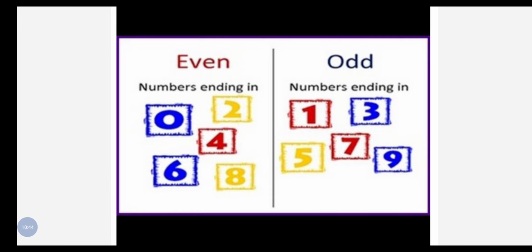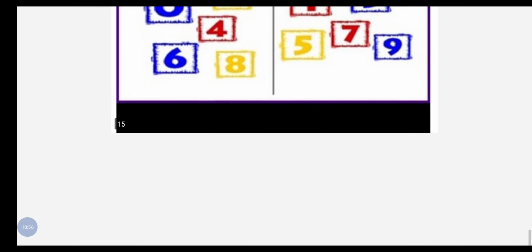And if you find any number in which the ones place digit is 1, 3, 5, 7, 9, these are odd numbers.